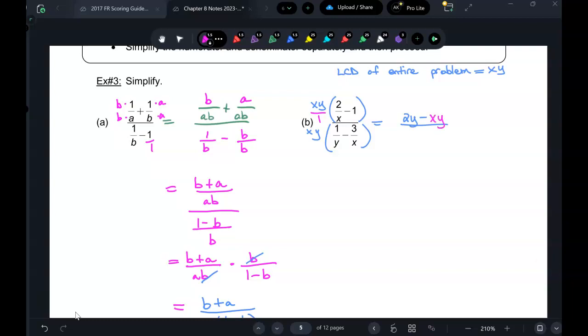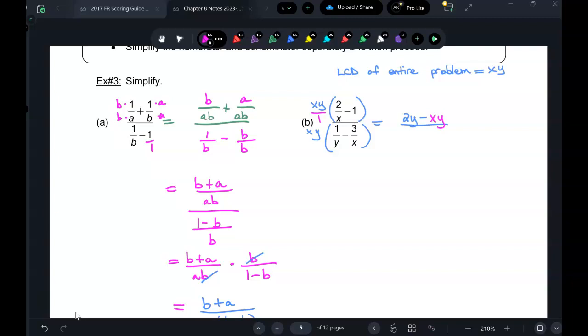Did we not have x times x though? Yes, here, look. Oh, because that's not over x. That's fine. If I distribute, it's just x over x, which is nothing. Literally, x over x cancels.